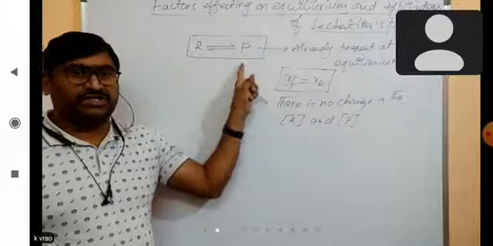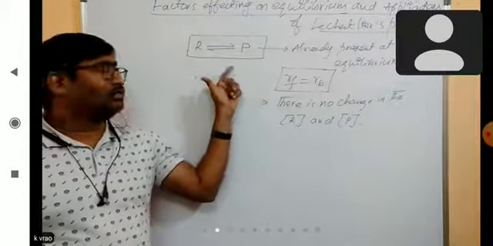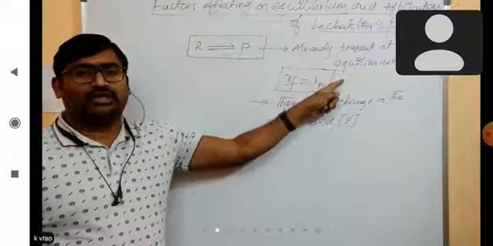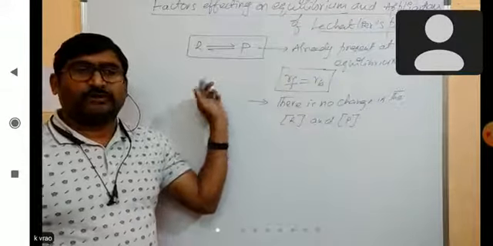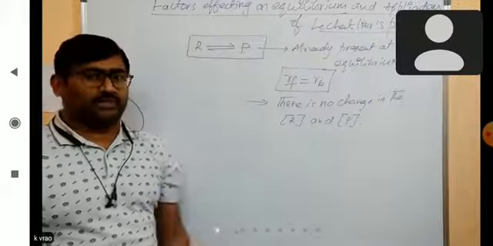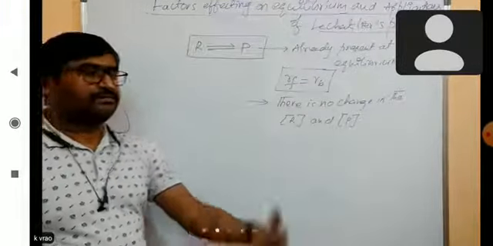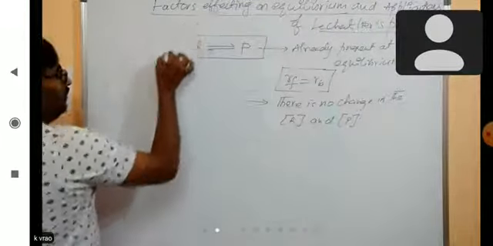The disturbance is nullified by shifting the equilibrium towards the forward or the backward direction, meaning reattainment of equilibrium takes place. So those conditions are nothing but the factors.